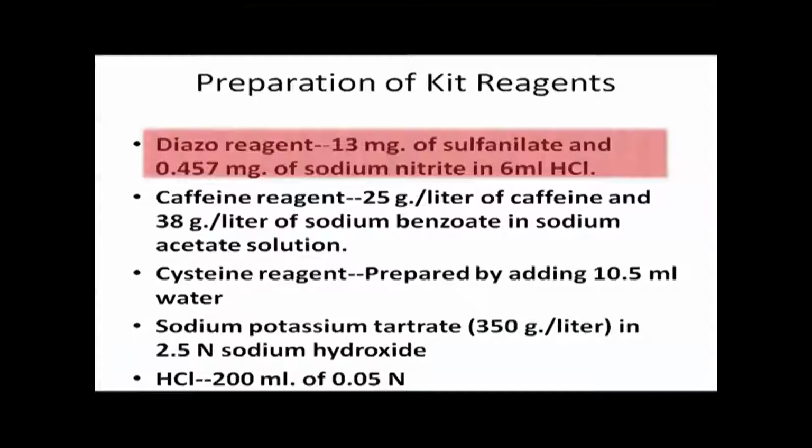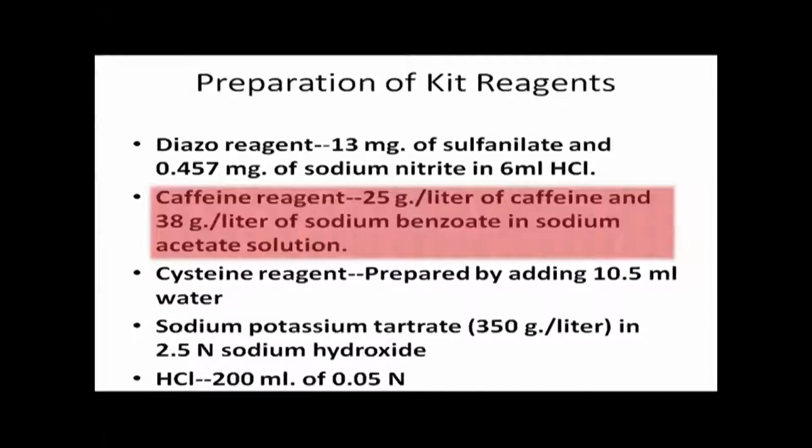13 mg of sulfanilate and 0.457 mg of sodium nitrite will be dissolved in 6 ml of 0.05 normal hydrochloric acid. That will be made separately in 200 ml volume. 25 gram per liter of caffeine and 38 gram per liter of sodium benzoate will be prepared in sodium acetate solution.